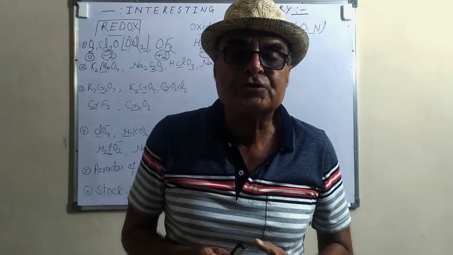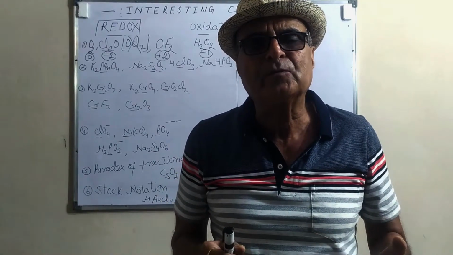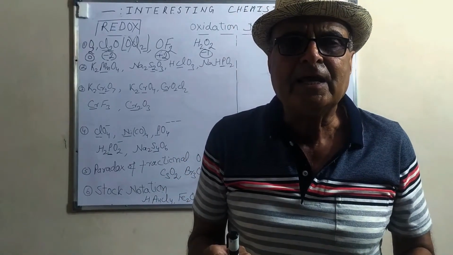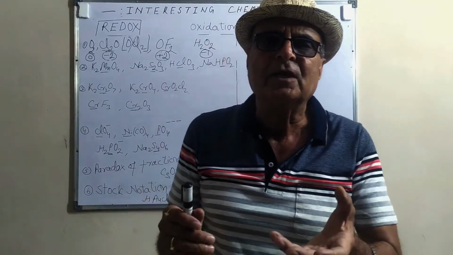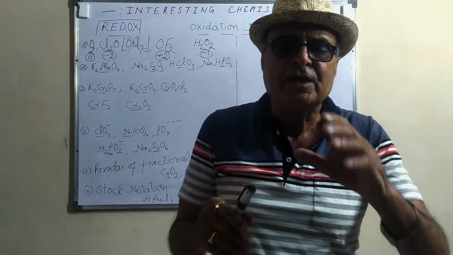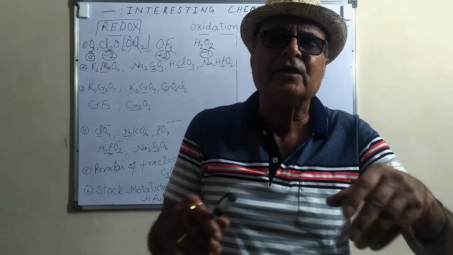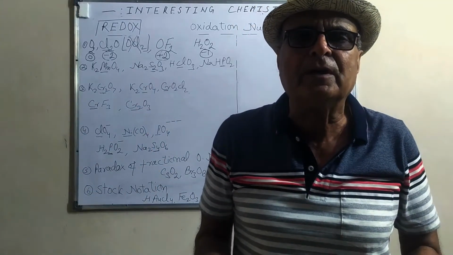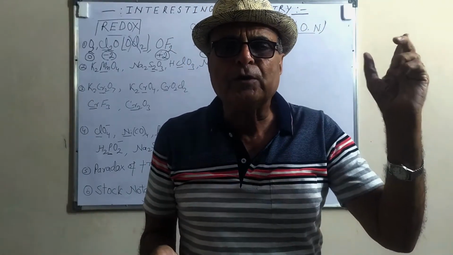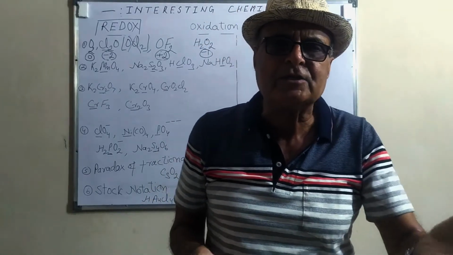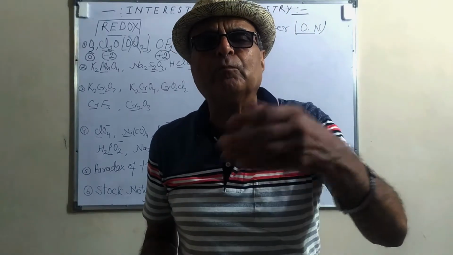If it is Ca double positive, the oxidation number of Ca will be +2. Al triple positive, the oxidation number of aluminium will be +3. So in a monoatomic ion, the charge of the ion is the oxidation number. If the charge is negative, the oxidation number will be negative; if the charge is positive, the oxidation number will be positive.